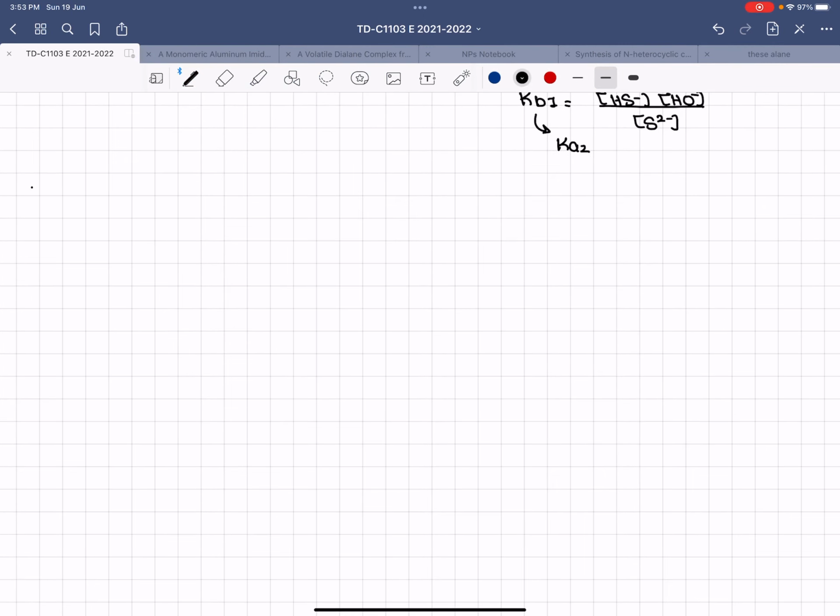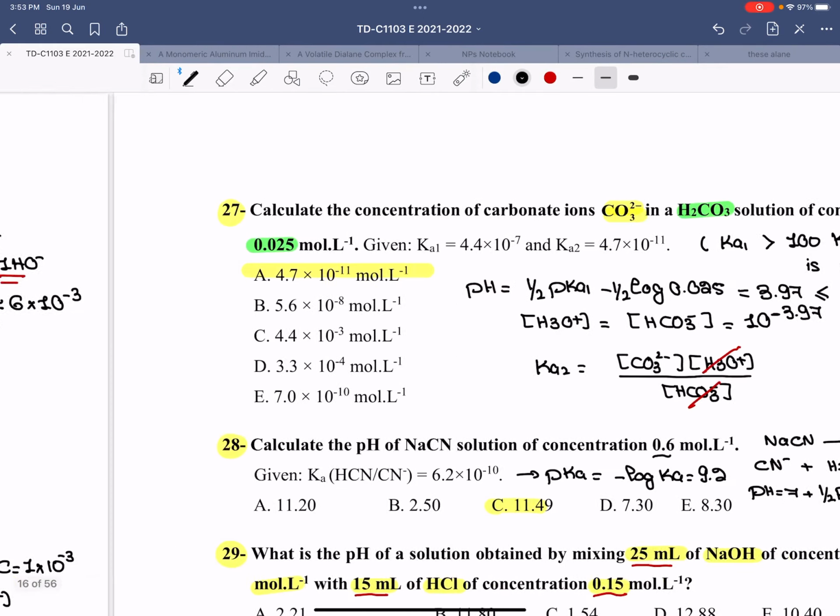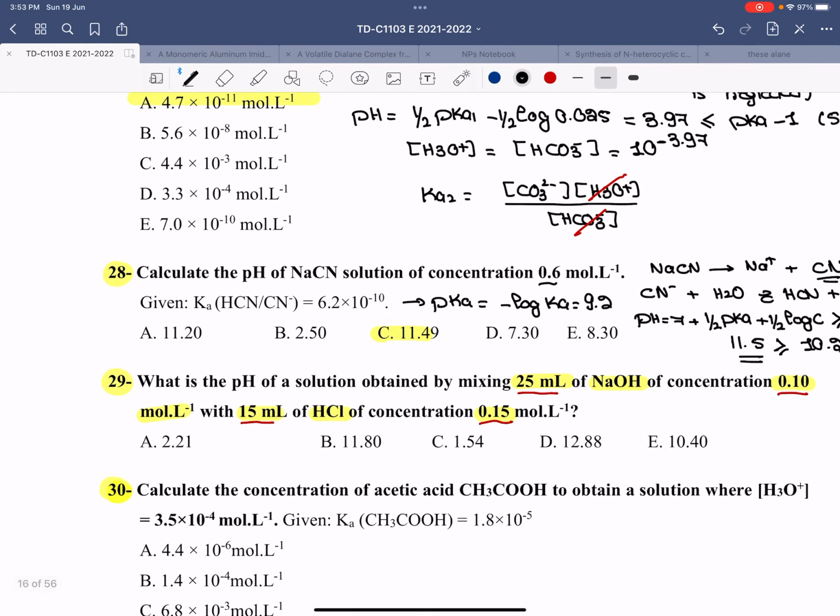In number 29, the given is 25 ml of HO minus that has a concentration of 0.1 mol per liter. Let's just make sure. Yep, 0.1 and 0.15.